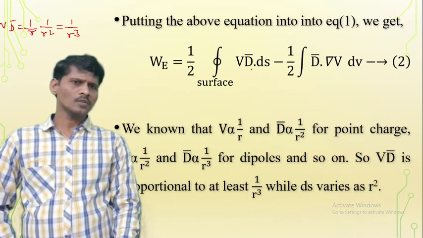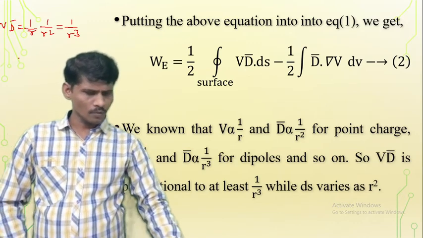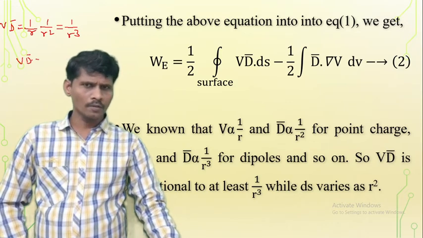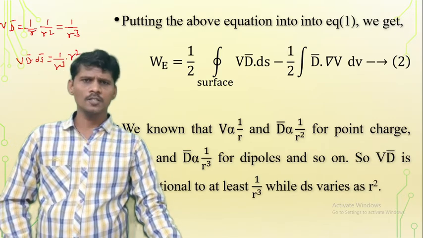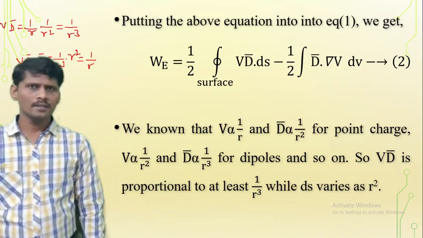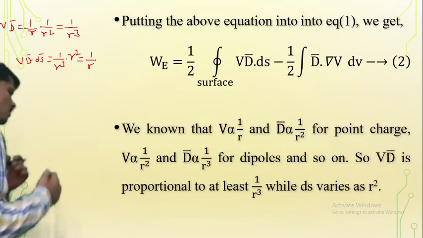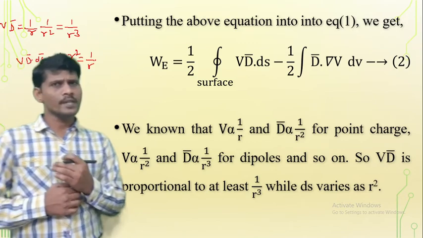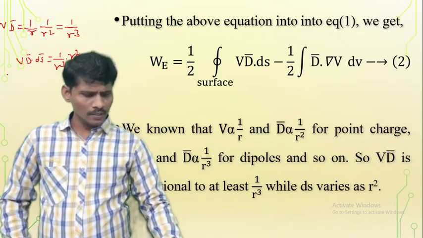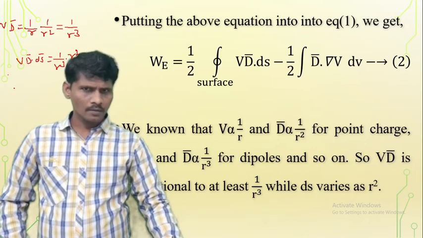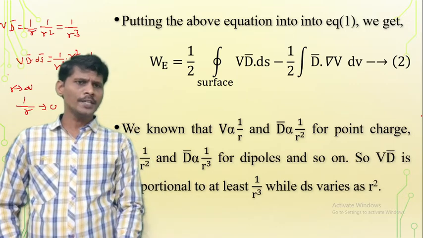So V D bar varies as 1 by R cube and dS bar varies as R square, that is equal to 1 by R. As the closed surface becomes very large, the distance R tends to infinity, which means 1 by R tends to 0. Therefore, the closed surface integral of V D bar dot dS bar is equal to 0.